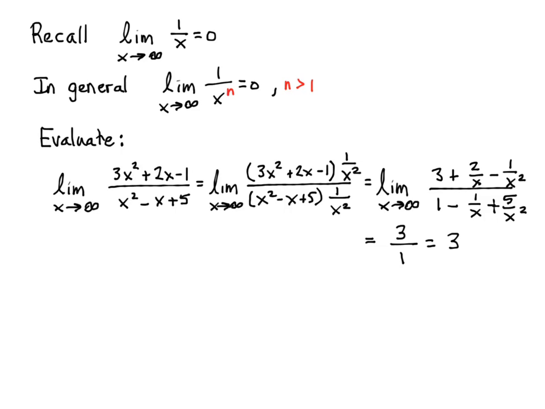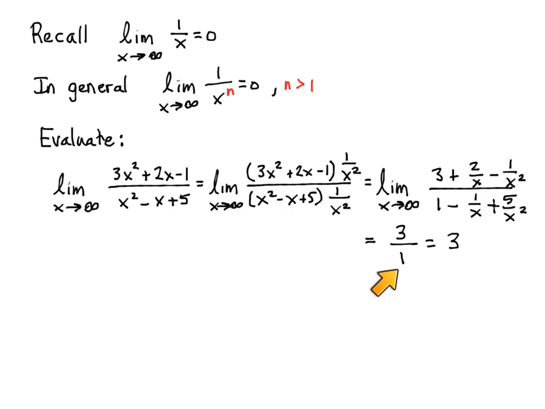So the rule of thumb that we've had before, remember, was that when the degree is the same, the long-term behavior of this polynomial is going to be the ratio of the coefficients. Now we've done it analytically.